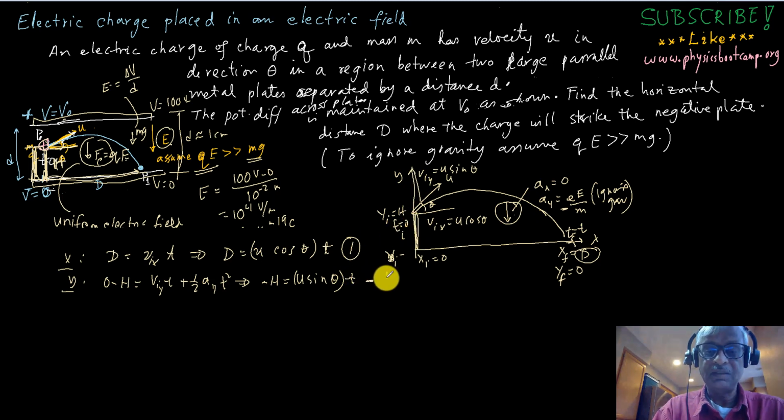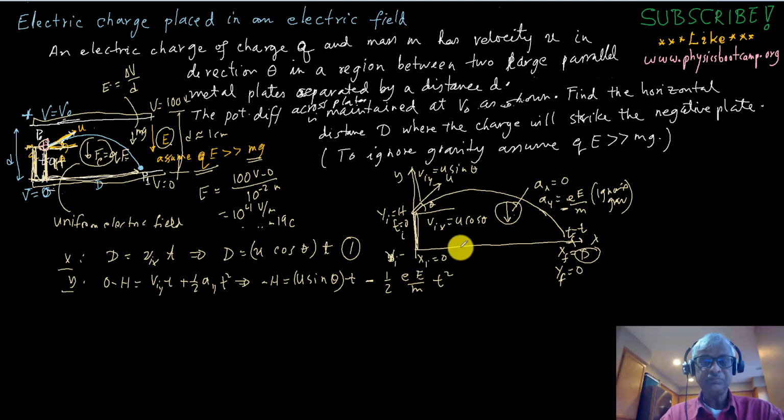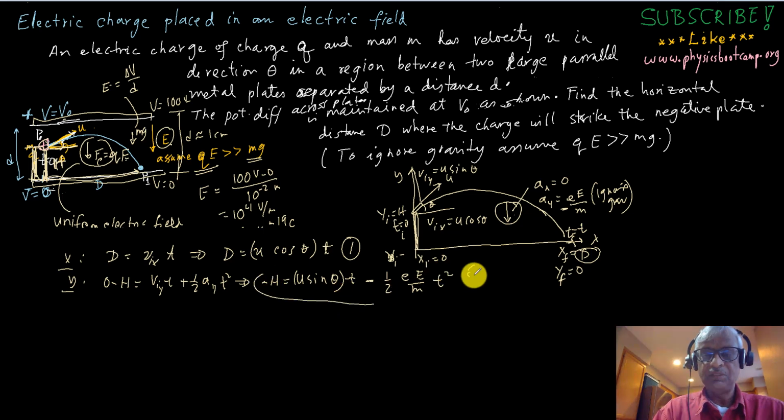T minus half eE over m t squared. So we have pretty much everything that we need to solve for d, right? So let's call this equation number 2.